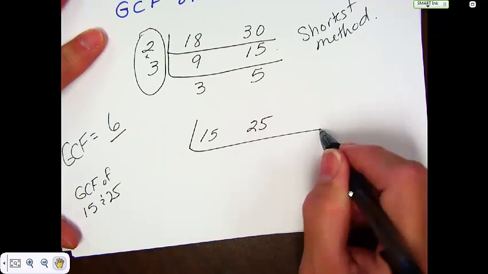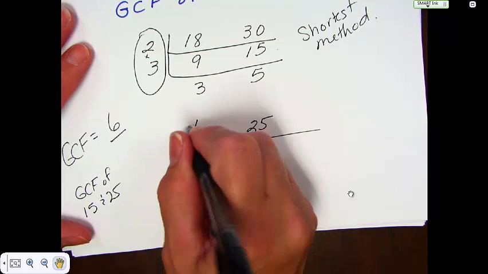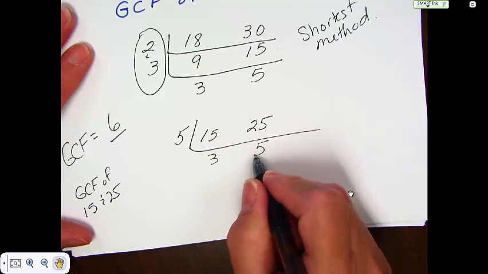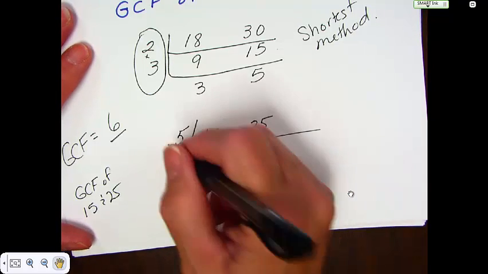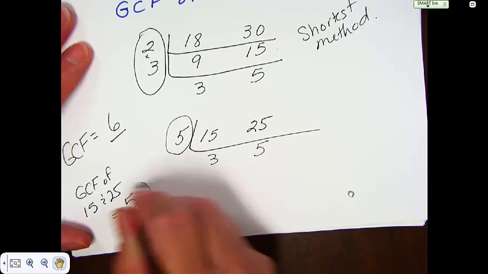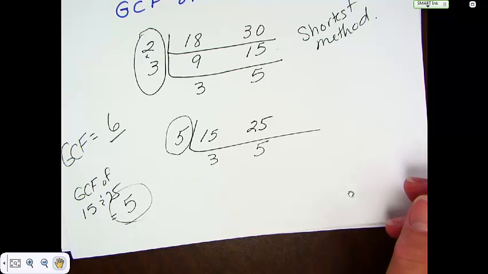So, let's use downward division. What number goes into both of these? Yes, 5. 5 goes into 15 3 times. 5 goes into 25, 5. And guess what? Nothing else goes into there. GCF of 15 and 25 is 5. One step, basically. I hope this has helped you.